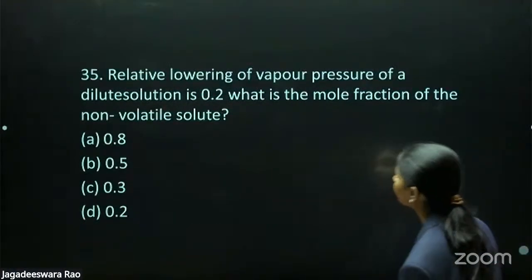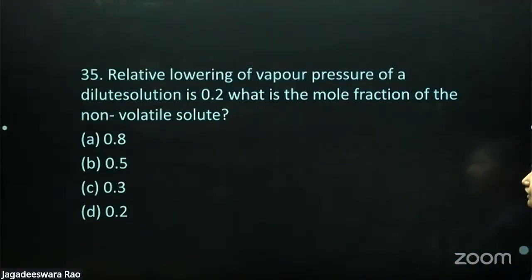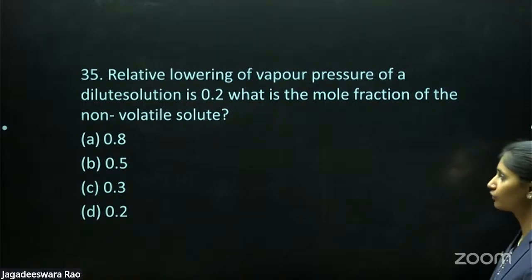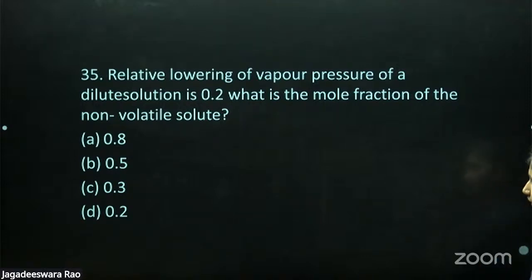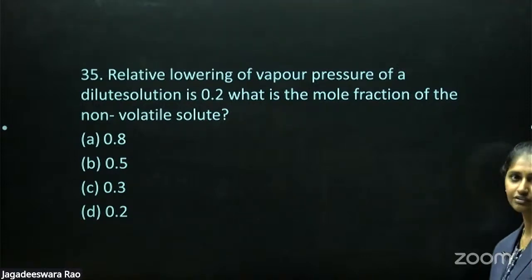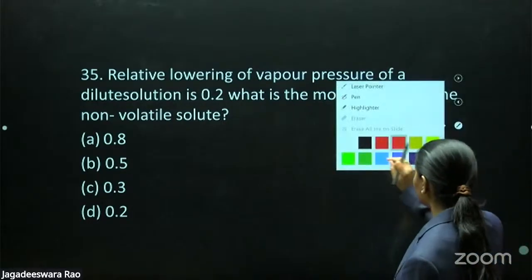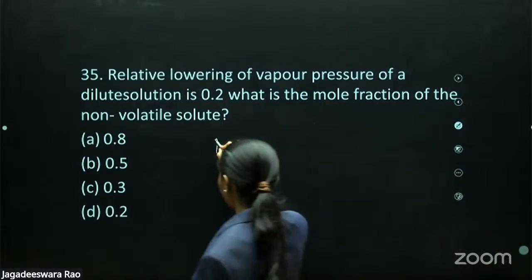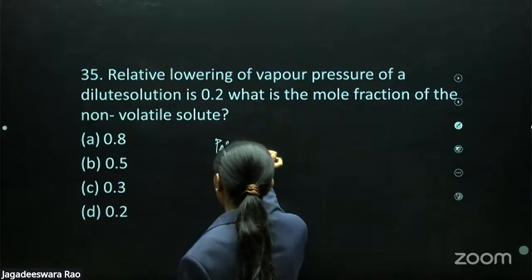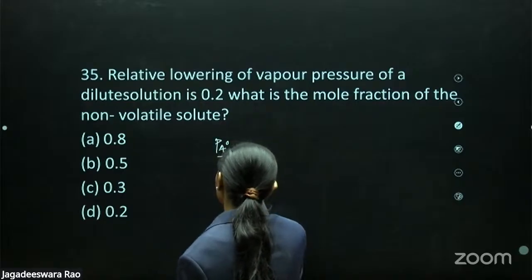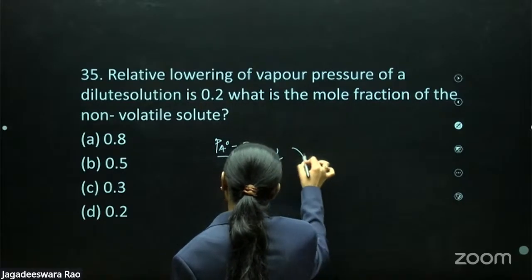Next one. The relative lowering of vapor pressure of the solution is 0.2. Now, what is the mole fraction of the non-volatile solute? Obviously, the relative lowering of vapor pressure, that means PA naught minus PA by PA naught, this entire value is directly proportional to XB.